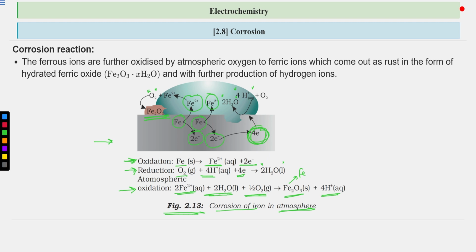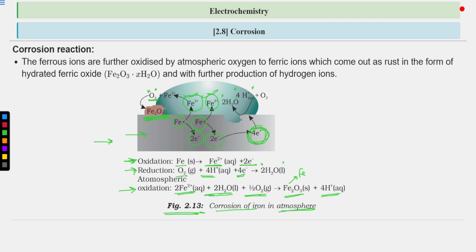The metal surface is made up of iron, with each atom releasing two electrons and converting to Fe2+, and these Fe2+ combine with the atmospheric oxygen and convert to the metal oxide like Fe2O3.